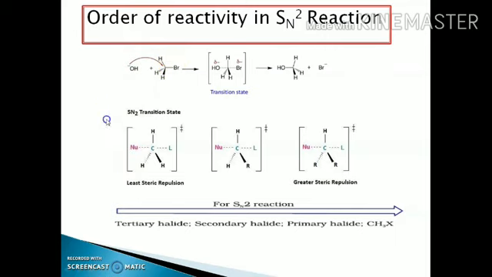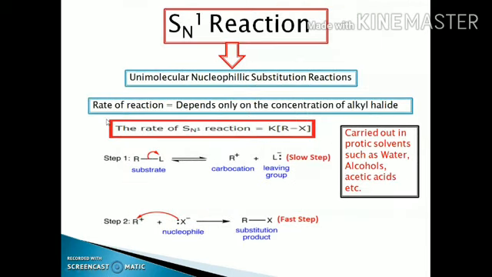Now let us proceed with the next type of chemical reaction, that is the SN1 reactions. The SN1 reactions are also called unimolecular nucleophilic substitution reactions. The rate of the reaction only depends on the concentration of the alkyl halide and is independent of the concentration of the nucleophile.